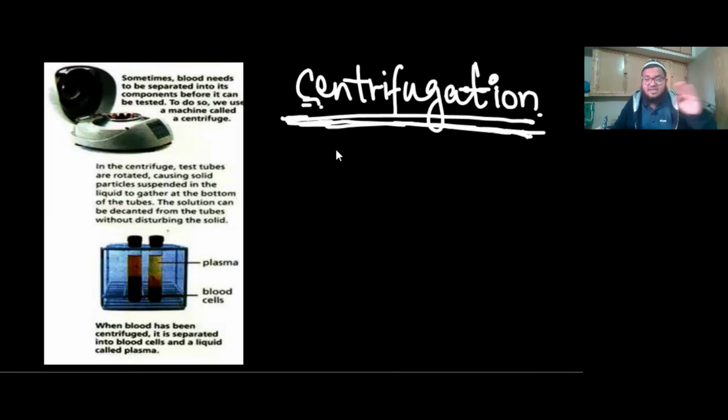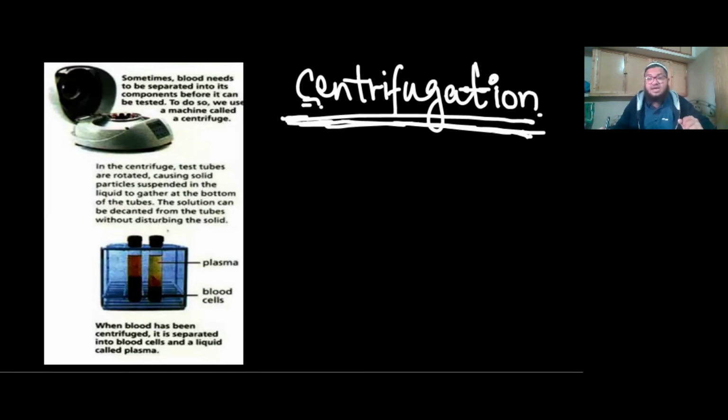Plasma is the liquid portion of the blood, and the blood cells are the solid portion of the blood. So the solids are, of course, going to be denser. What this machine does is it takes a blood sample in a test tube and goes around in a circular motion at high speed.